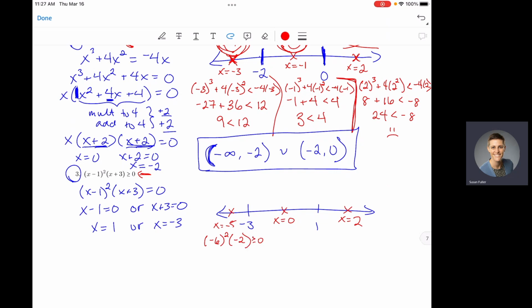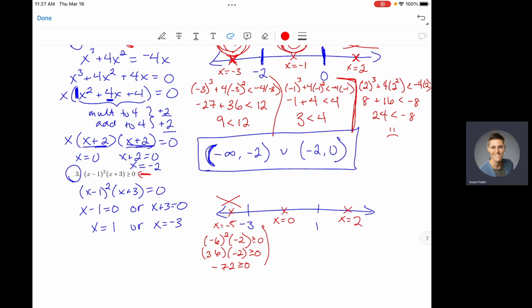That should be greater than or equal to 0. And so this is 36 times negative 2. This says that should be greater than or equal to 0. But negative 72 is not greater than or equal to 0. This part does not work.